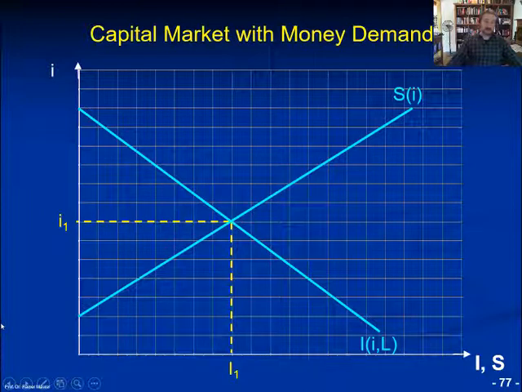Now we have to add real money demand by firms horizontally to the investment credit demand curve, to this curve here. Let's assume that real money demand corresponds also with the length of 4 little quads.